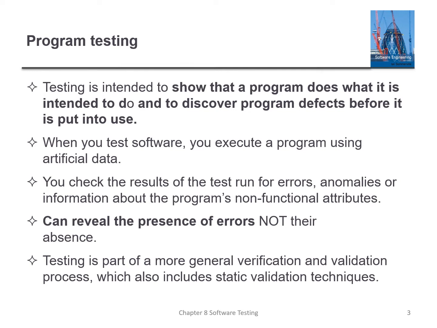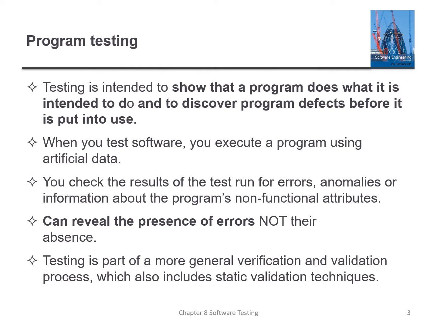So when you do testing, you can reveal the presence of errors. That's the purpose of testing. You want to find faults. What makes the system crash? If you put in data which is not the usual data, you see whether the system crashes or not, and how it reacts. When you are doing testing, you purposely want to show the existence of errors.